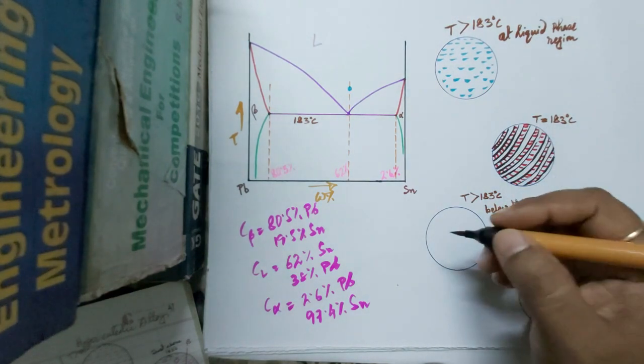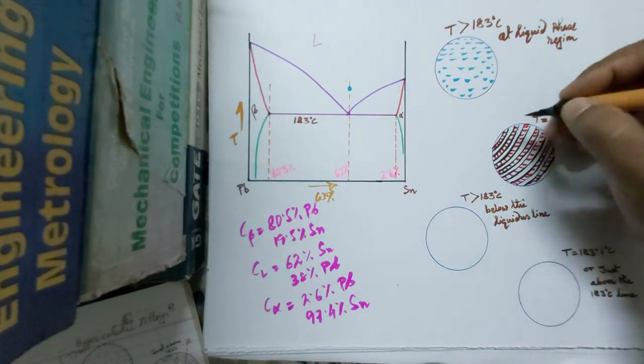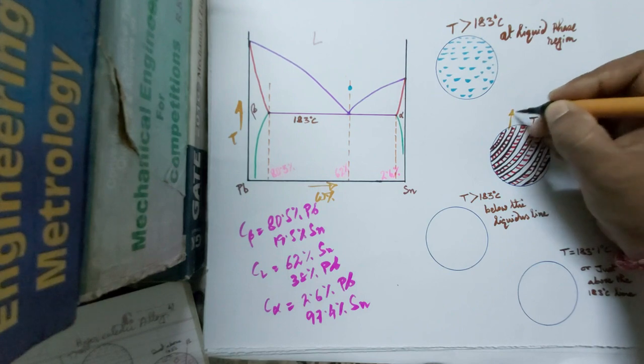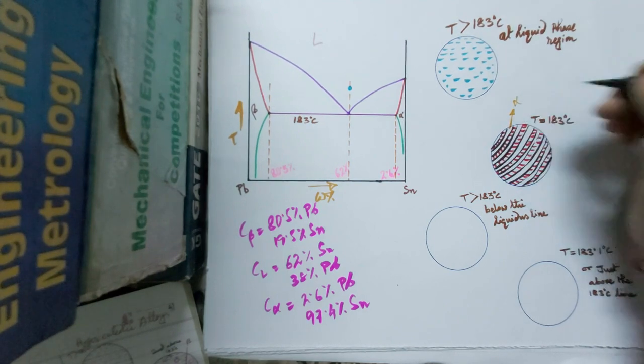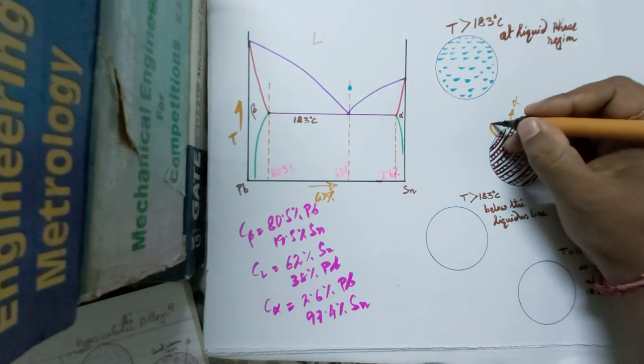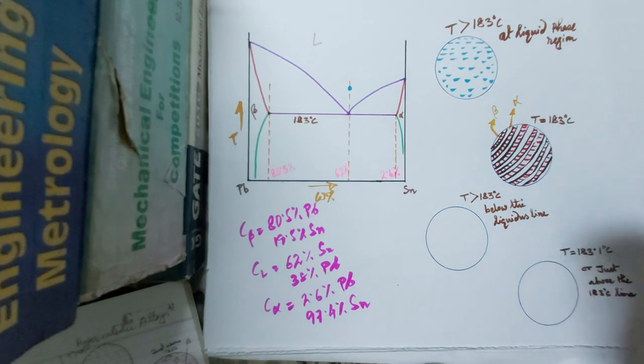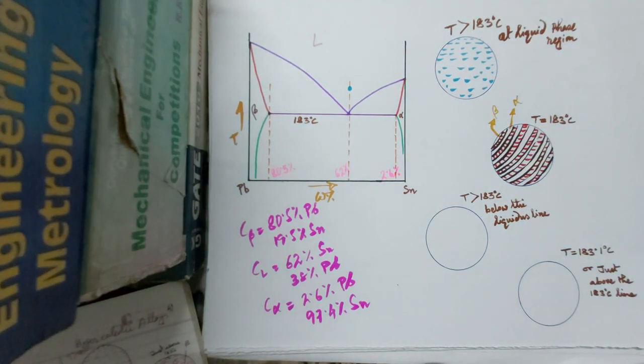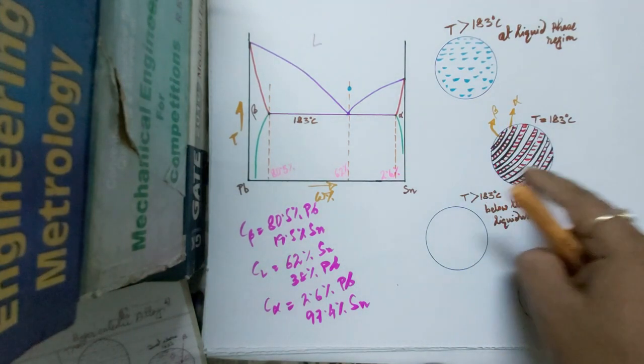Let's say this is alpha phase and this one is beta phase. So at the eutectic temperature we have continuous alternating layers of alpha and beta like this one.